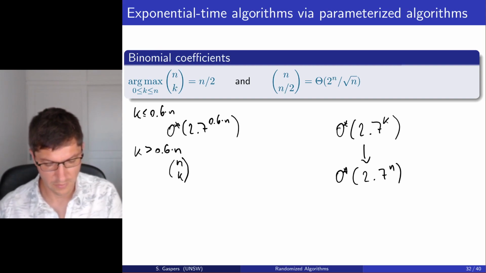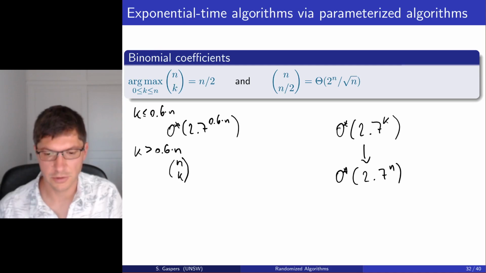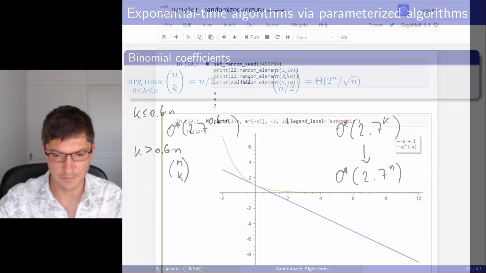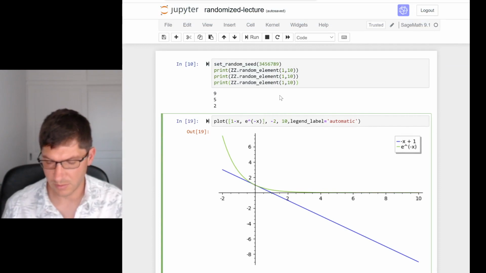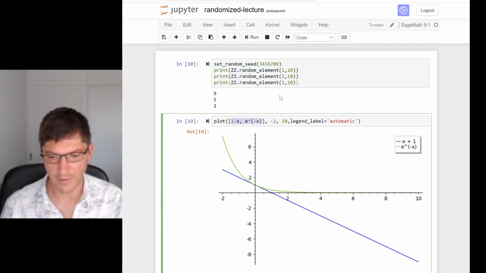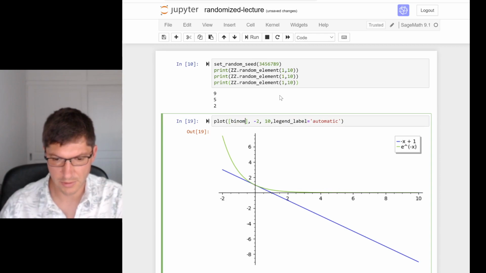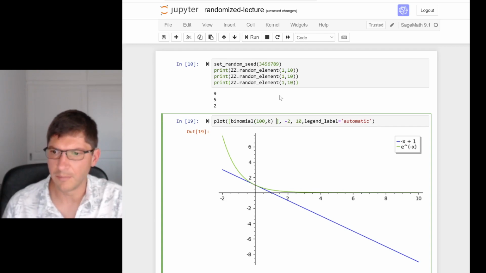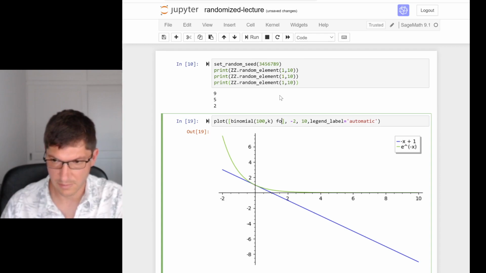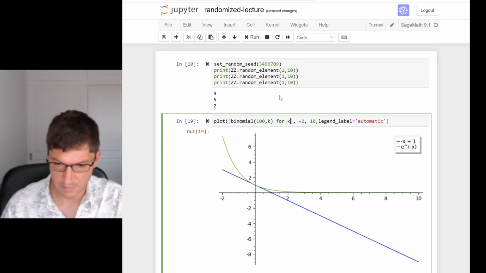So let's quickly check this. Let's draw values of the binomial coefficient. Let's say n is 100 and k is anything between 0 and 100.